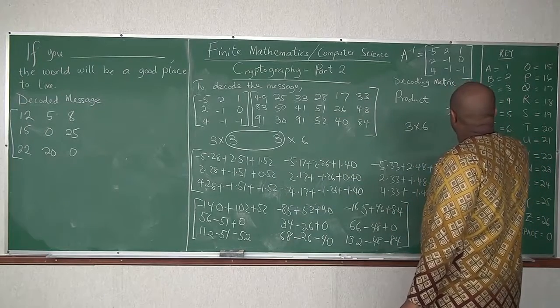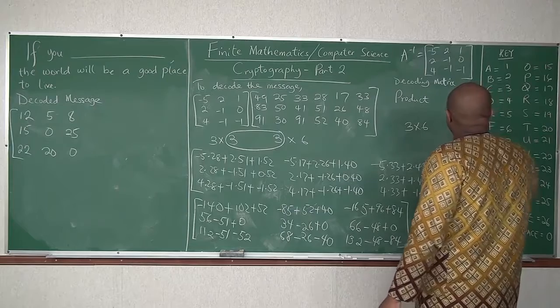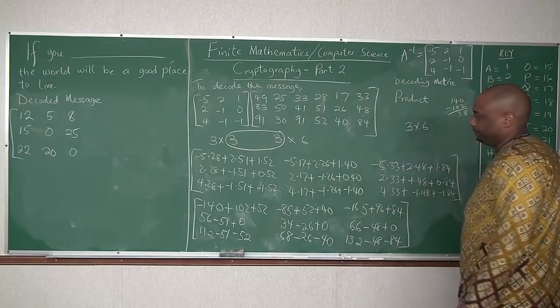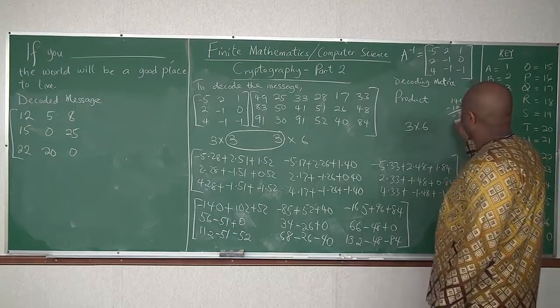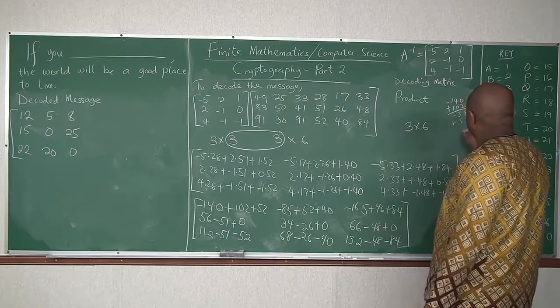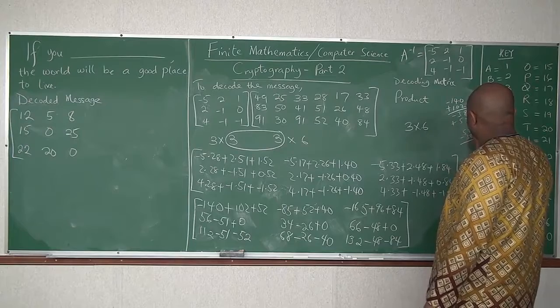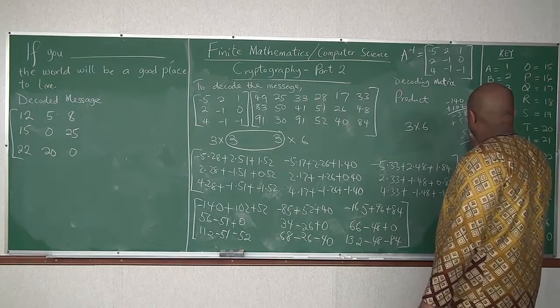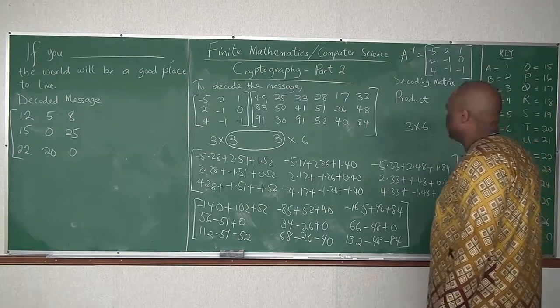This is a 8 and this is a 3. 38. Negative 38 plus 52. Okay, 52 minus 38. 12 minus 8 is 4. And this is 14.